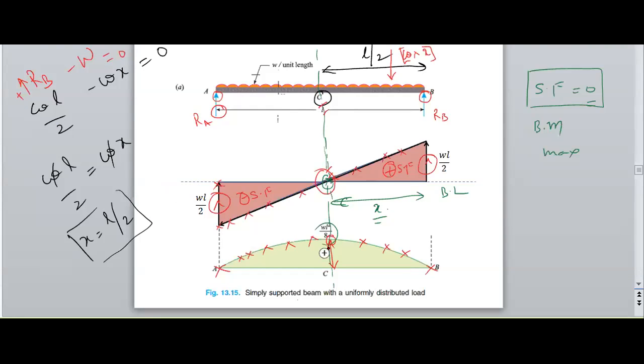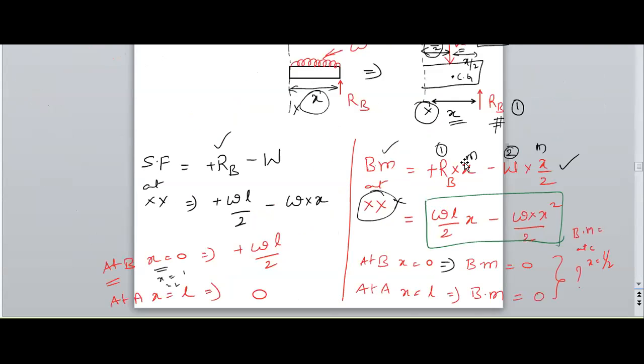Now I need to find out the bending moment at C also. We have three points now: A, B and C. So at C also I need to find out the bending moment. At B it is 0, because if you observe the bending moment equation, it is in terms of x.